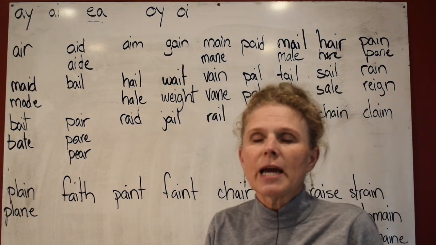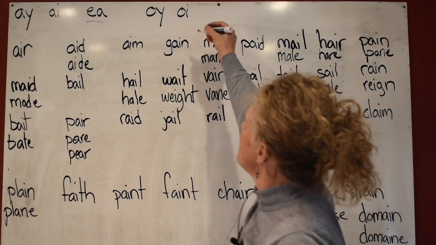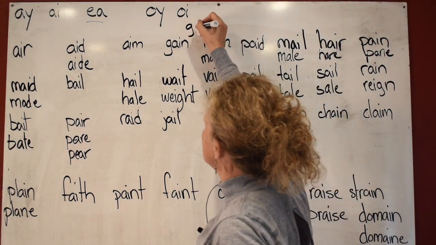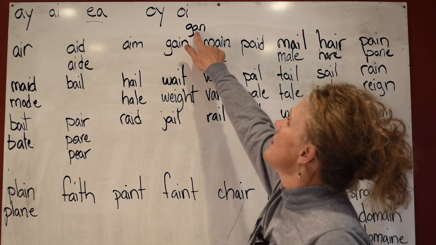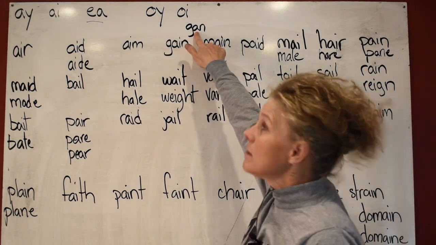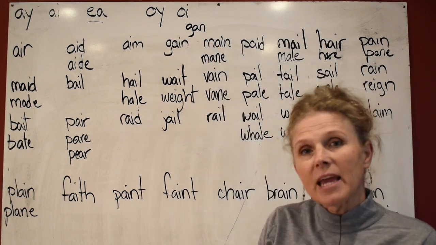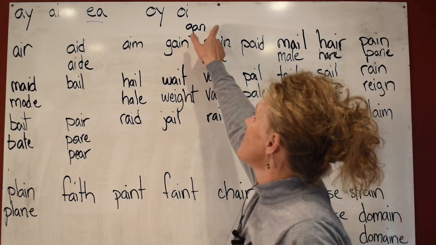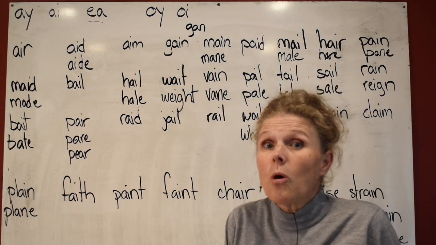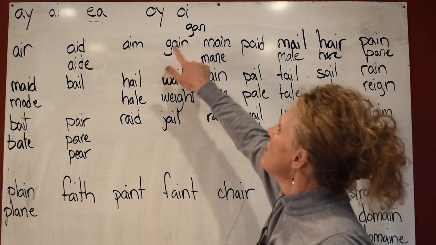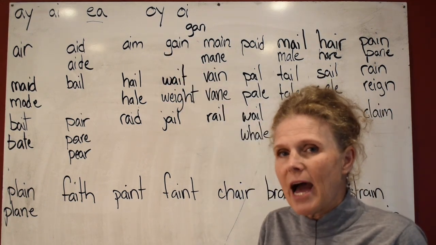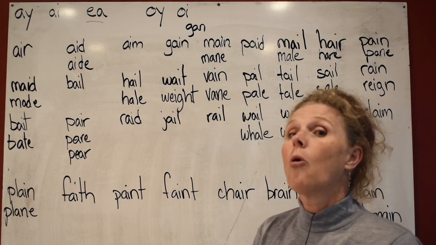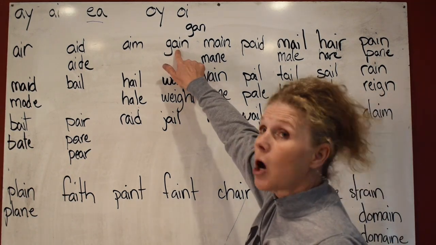You can't just put an A in there, because if you just did G-A-N, it would say gan, and this is a closed syllable that forces that A to say its short sound, and it's accented because it's only one syllable. So you can't do that. Consonant, consonant, that means you absolutely have to have some sort of a vowel team or a silent E to get that long A sound.